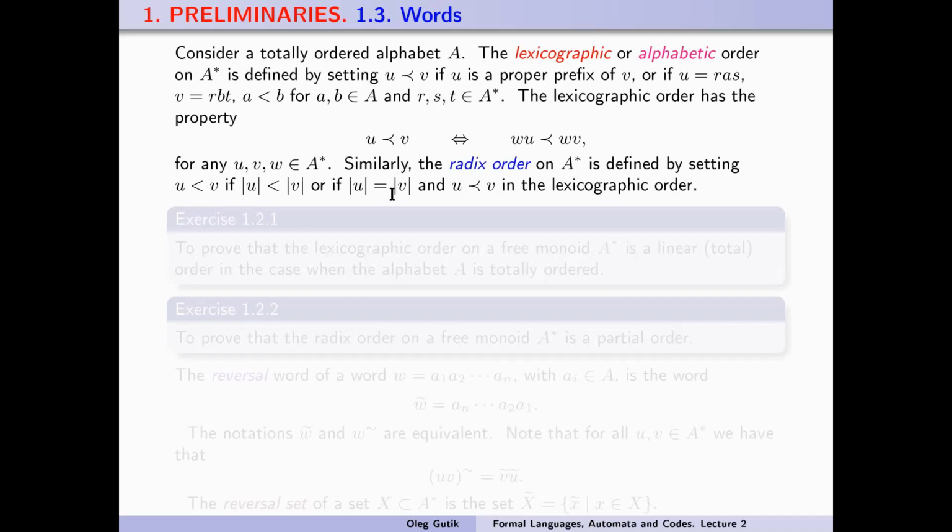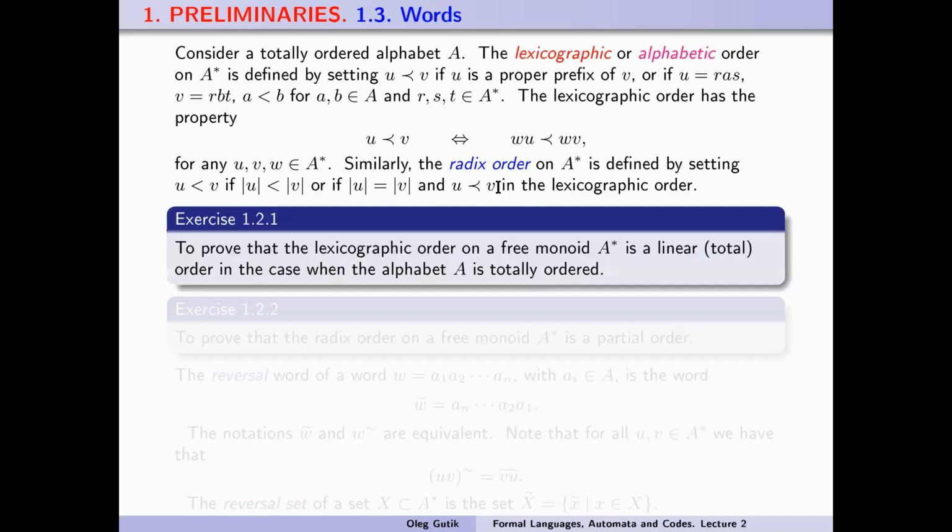Similarly, we introduce a radix order on a free monoid. The radix order on a free monoid A* is defined by setting u < v if the length of u is less than the length of v, or if the lengths of these words coincide and u < v in the lexicographic order.